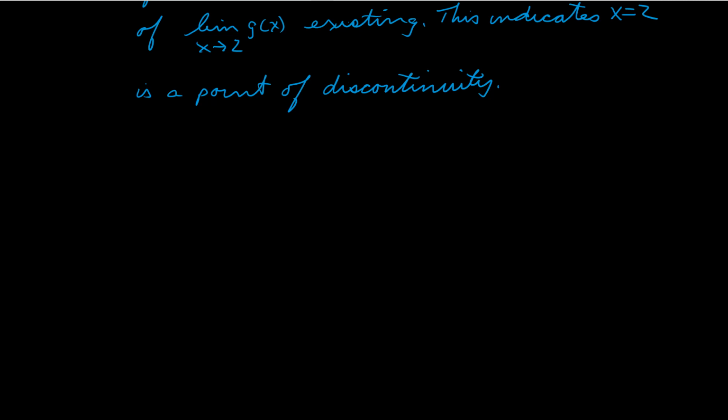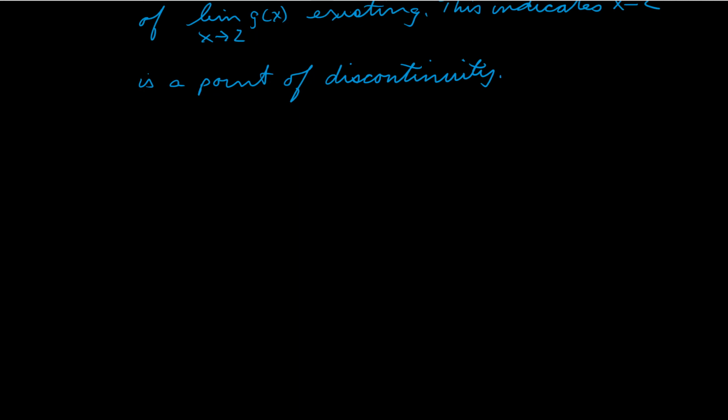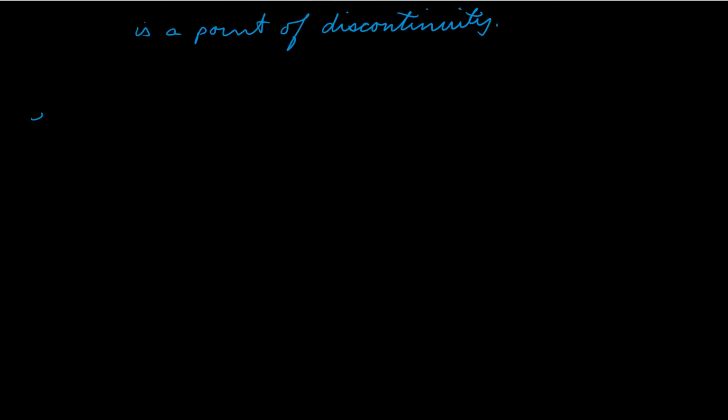Okay, let's take a look at another one. We'll do one more. Let's say we have some function h of x is equal to 2x plus 4 for x less than or equal to 1.